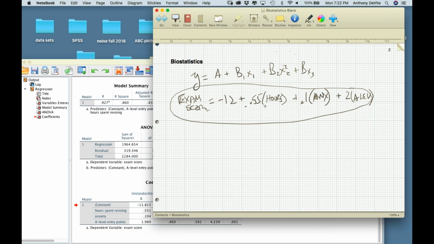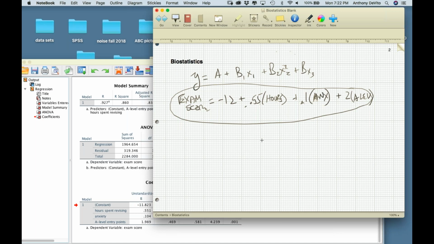That tells us that for every 10 hours that this person revises or studies, his score is likely to go up 5.5 points. For every value of anxiety that he goes up, his score will go up small amounts.